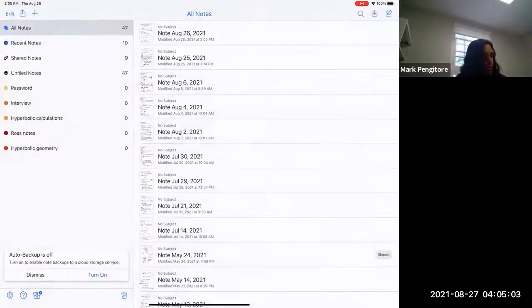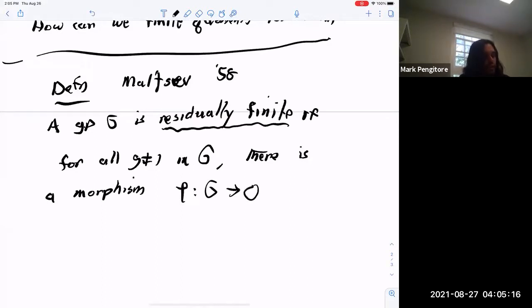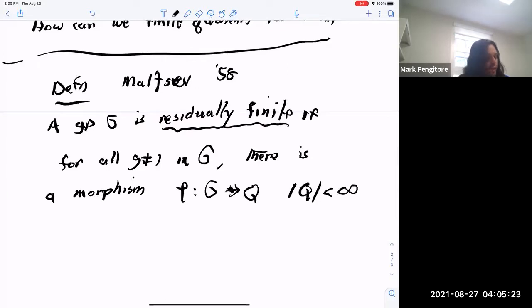So a homomorphism phi from G to Q, we can just assume it's surjective, Q is finite, and phi of g is not trivial.